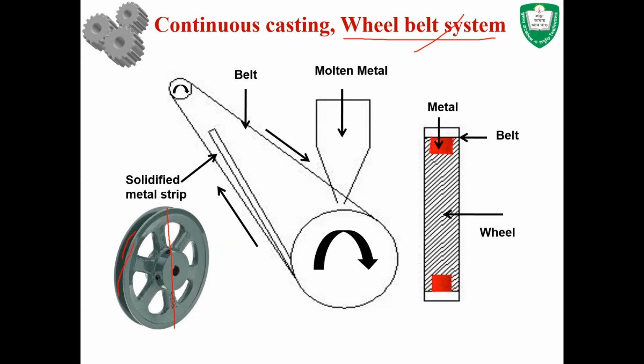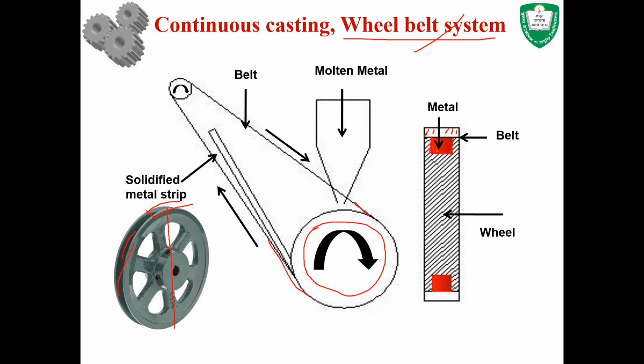You have empty spaces, and if there is a belt on top of this wheel like this, then this region is treated as belt. The belt will actually cover the cavity. This is the roller, and the roller has the cavity, and on top of that there is a belt positioned on top of it.